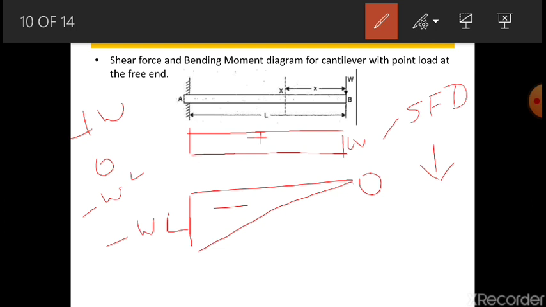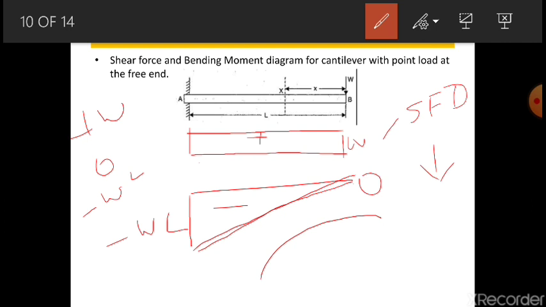If it has a UDL, then you will have a parabola like this. If it is a point load, then you draw a straight inclined line. That is the difference in drawing the bending moment. And if it is a point load, then shear force will be a rectangular shape.